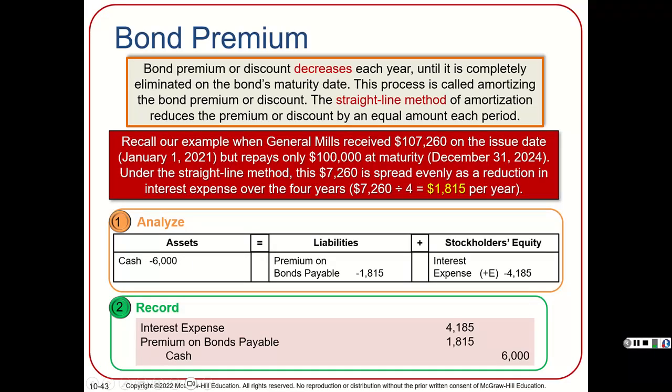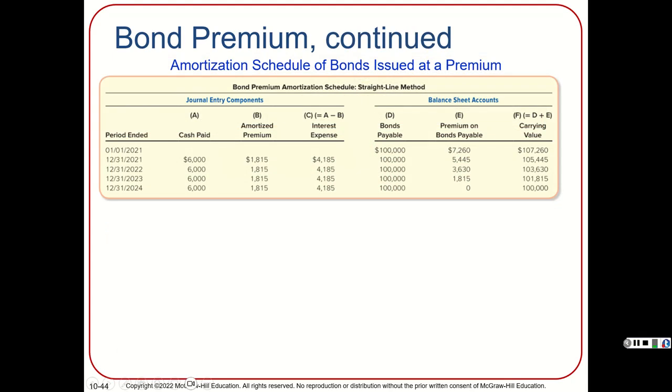So the cash that's going out the door is still the 6% interest that they agreed to on the face value of the bond. Okay, so each year the bondholders get the $6,000 in interest. However, the company only has to recognize the $41.85 for the interest expense each year.